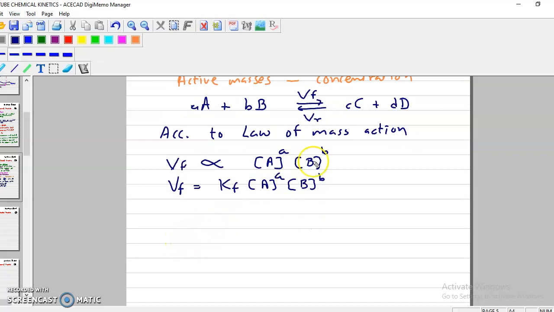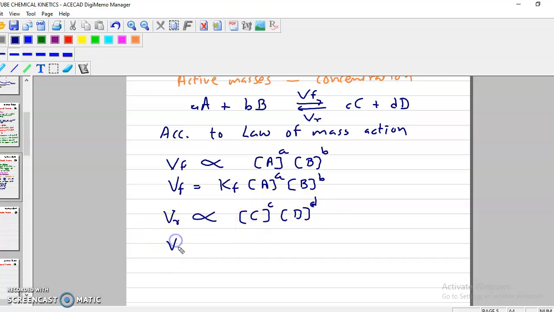Now, for the reverse reaction, C and D will be reactants and A and B are products. So for the reverse reaction, according to the law of mass action, Vr is directly proportional to the concentration of C raised to c, moles of C, and concentration of D raised to d, the multiplication of these two concentrations, that is active masses. Okay, so product of active masses means C raised to c and D raised to d.